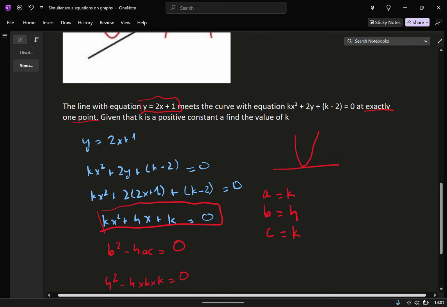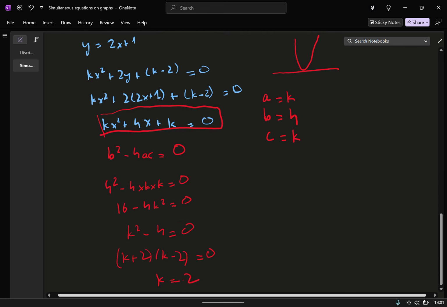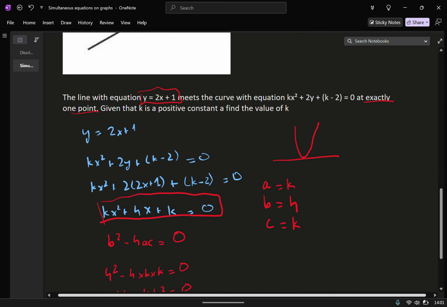Now we can use this to solve our discriminant equation right here. So we get 4 squared, so b squared minus 4ac, and when I do that, I get an equation 16 minus 4k squared equals 0, and when I solve that, I get k equals 2.